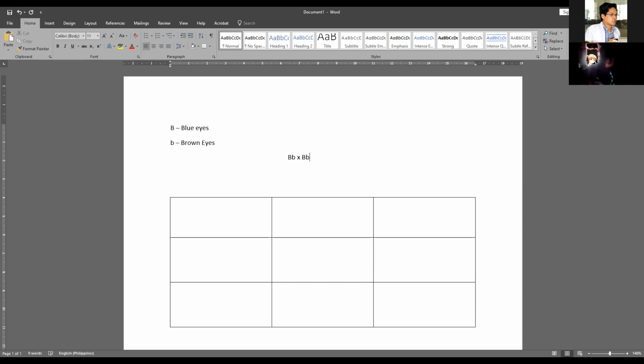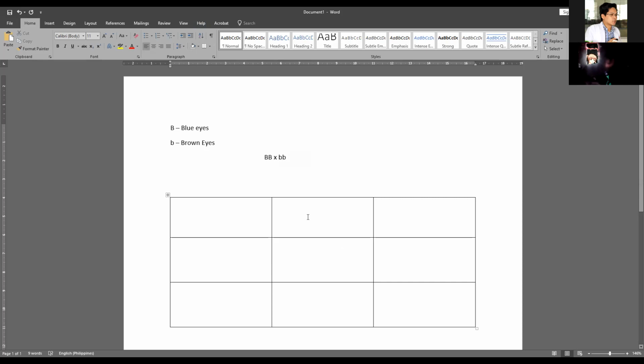This is the second generation of the breed because the first generation is this, diba? A cross between a homozygous blue eyes and a brown eyes, or pure blue eyes and pure brown eyes.